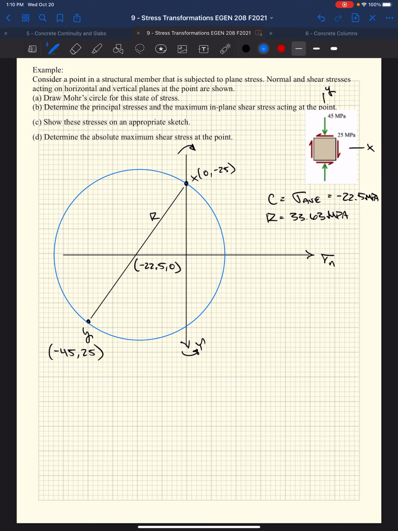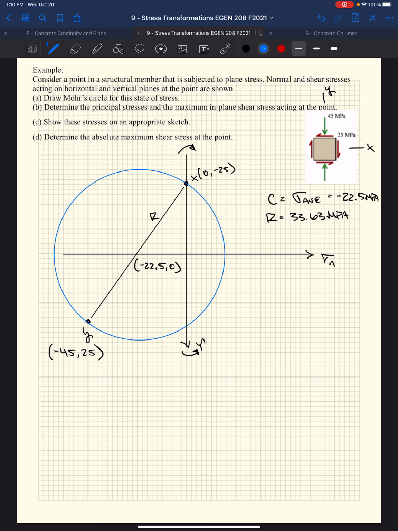It's not going to be at cutting this perpendicular to the axis. We're going to cut it at some angle. And when we cut it at some angle, the stresses that are normal to that surface are going to be higher, and we need to know those. And so we draw those orientations too, because as we know, Moore's circle, the rotations that we do in Moore's circle are twice that what we do in the real world too.